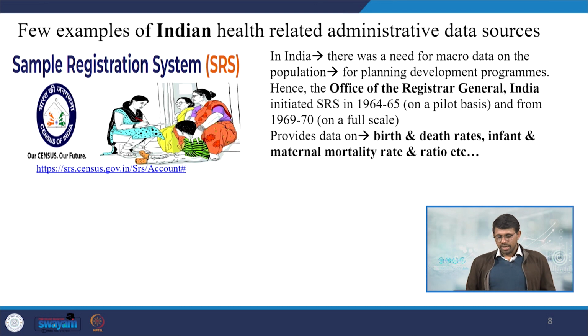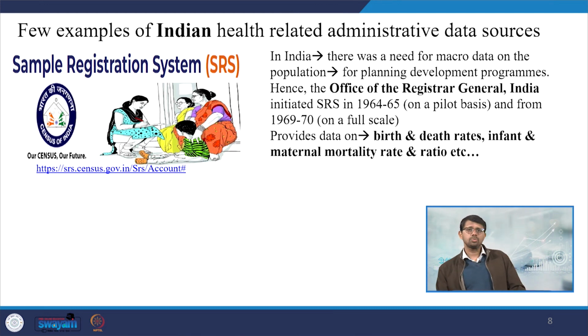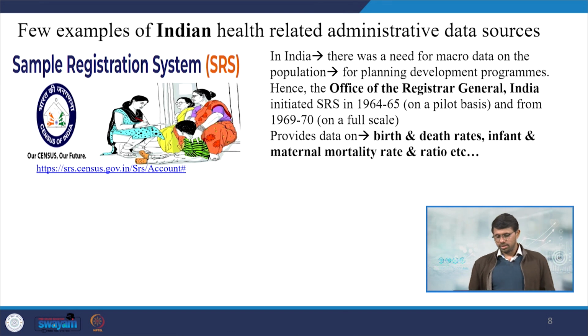Hence, the Office of the Registrar General of India initiated SRS in the year 1964-65 on a pilot basis, and from 1969-70 it was operational on a full scale. This provides information on birth and death rates, infant and maternal mortality rates and ratio, etc.